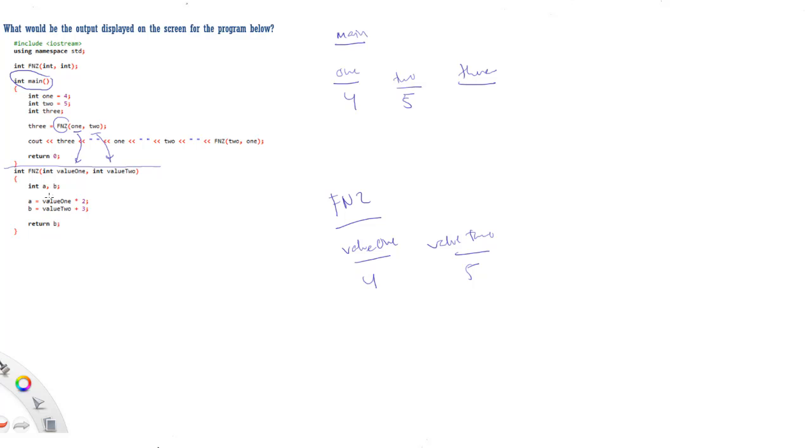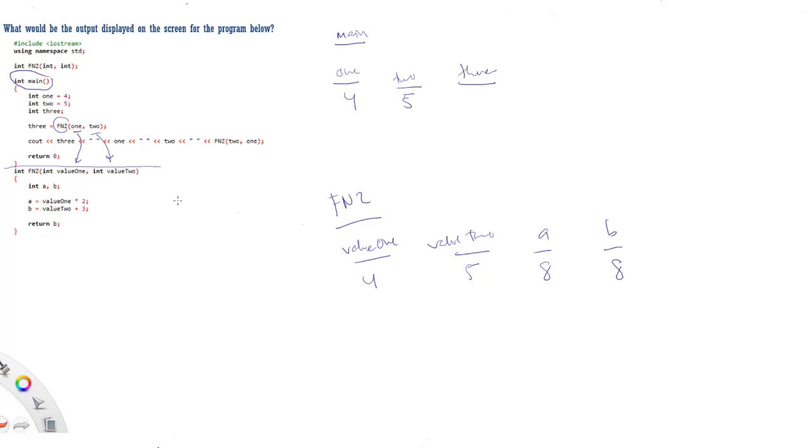So int a, b: there is another variable called a and b. a equals value1 times 2. Value1 is 4, 4 times 2 is 8, so this is stored in a. And then b equals value2, which is 5, plus 3, which is 8.